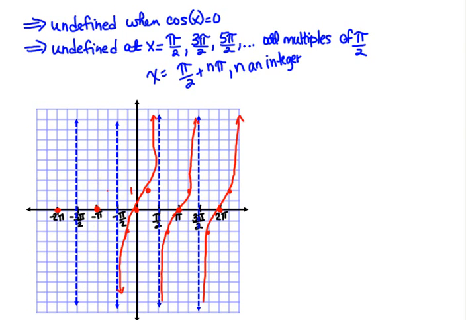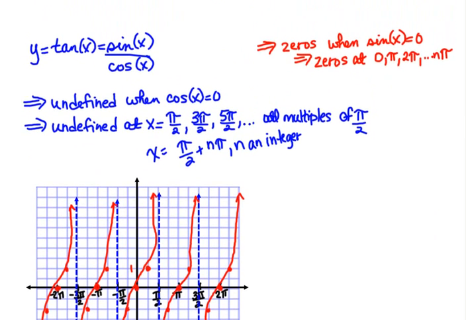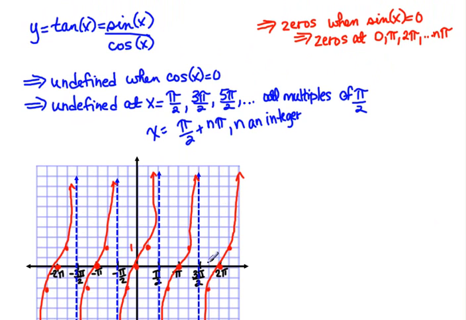Make sure that you're in radian mode when you do, and you will get the graph that you need. So that is the basic shape of tangent, knowing that you need to have zeros in between the asymptotes at odd multiples of pi over 2.